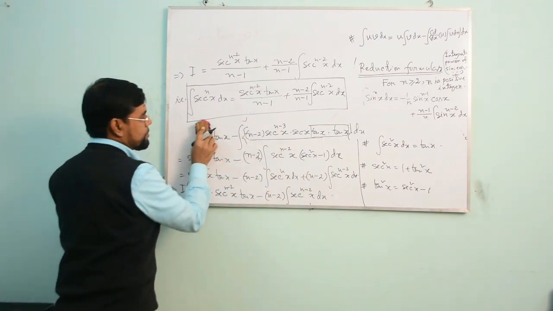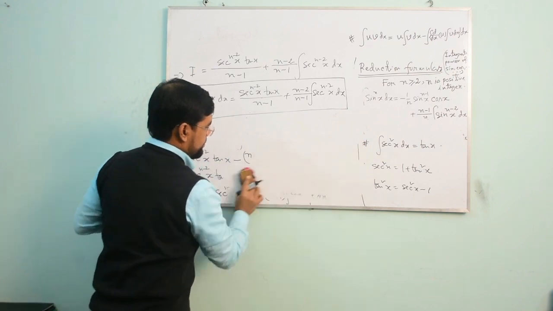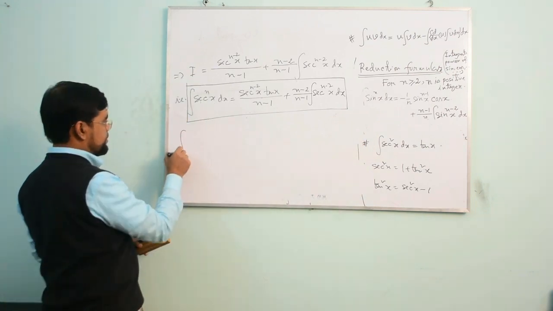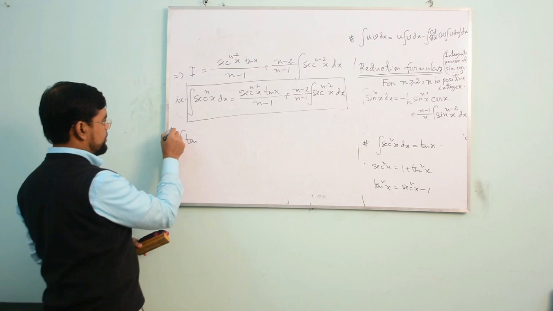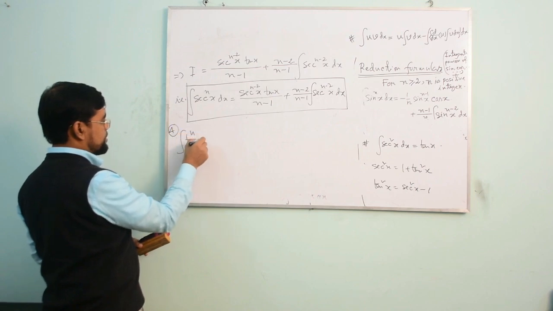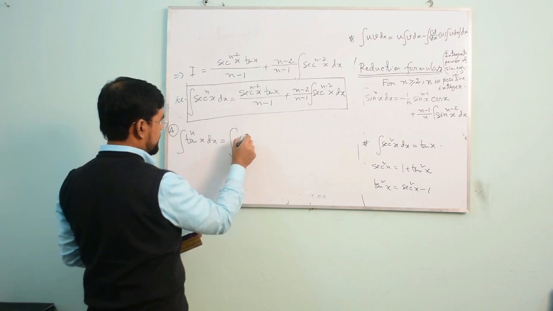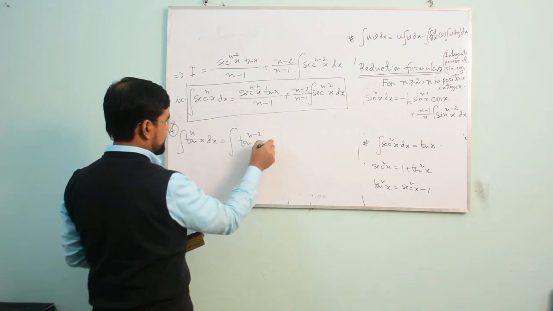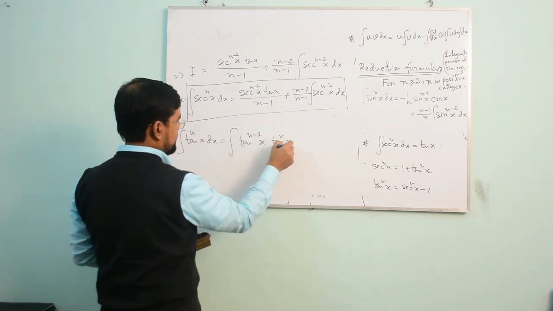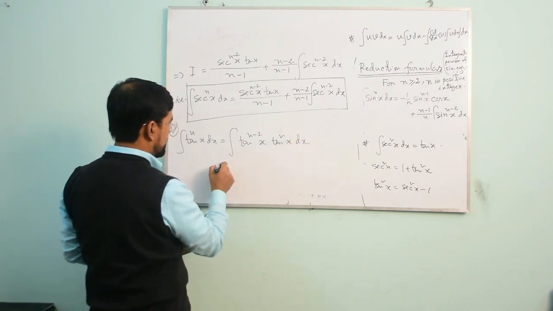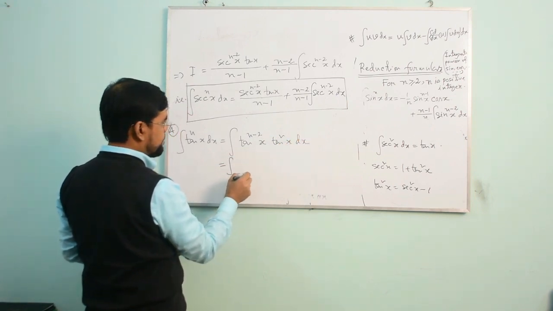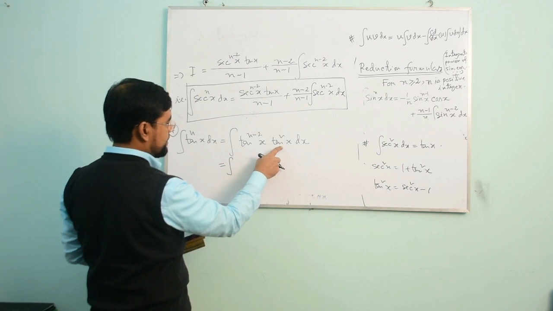And how about the fourth one? For tan^n x, integration of tan^n x dx is equal to integration of tan^(n-2) x tan^2 x dx, which is equal, we know tan^2 equals sec^2 x minus 1.